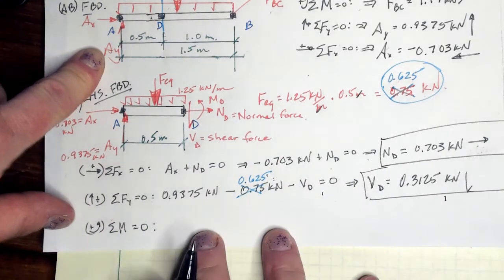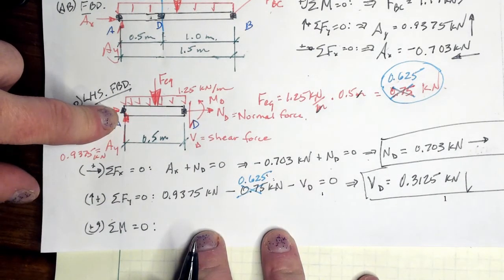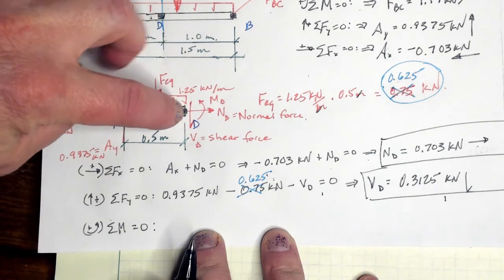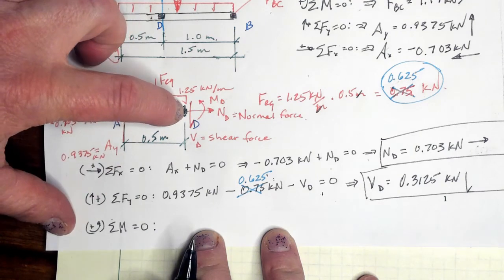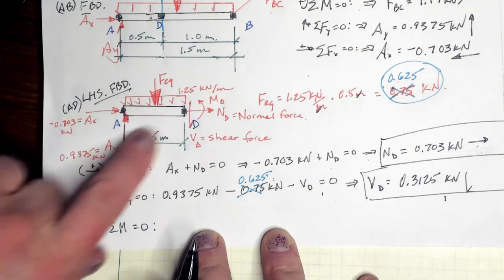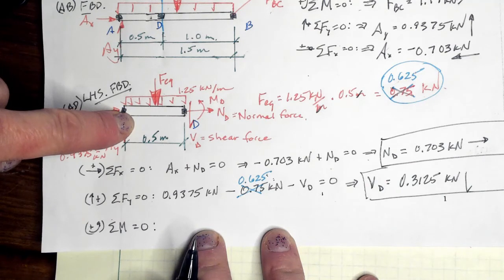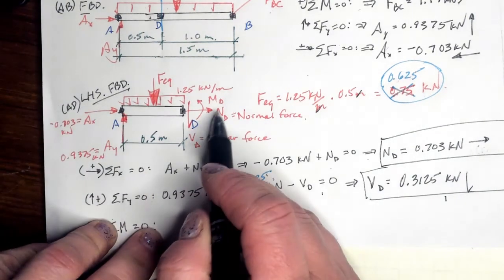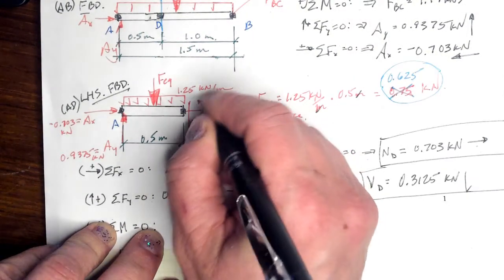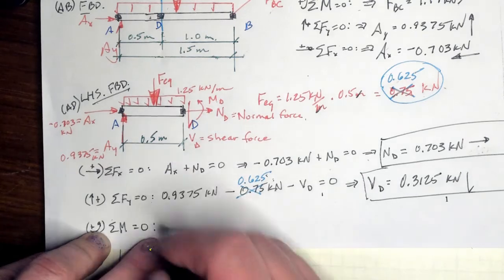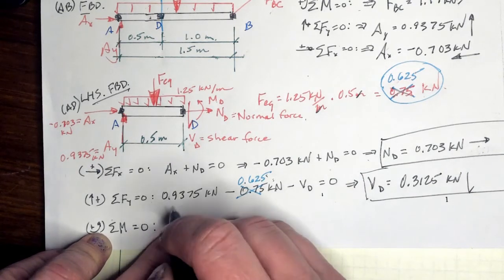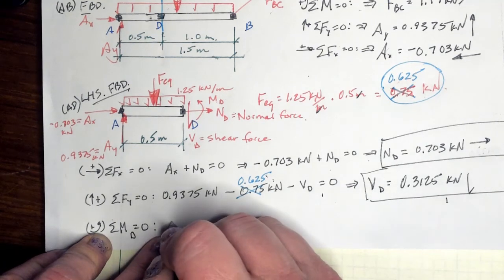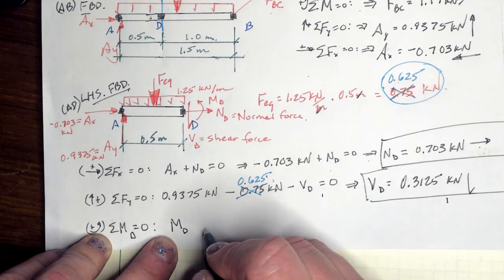And our moments. We can sum it about anywhere. It doesn't really matter where we're going to do it, because no matter where we're doing it, our thing is to solve for M sub D. So, well, let's go ahead and do around point D. Okay, so we're going to have M sub D in the positive direction.